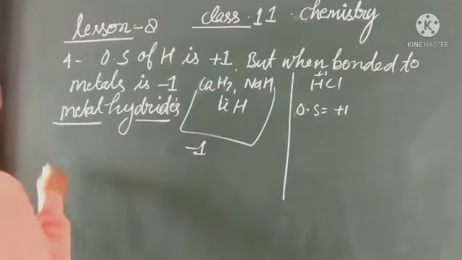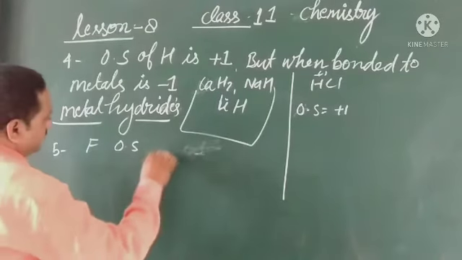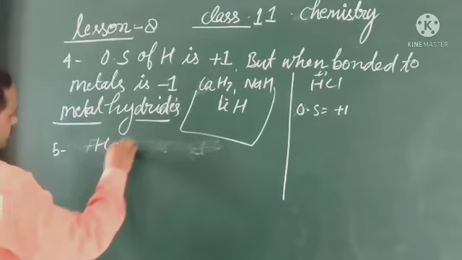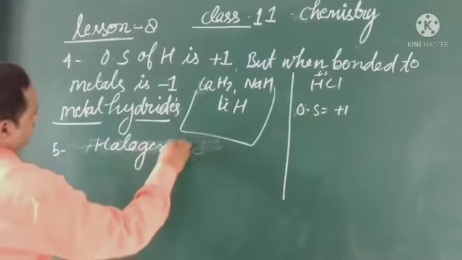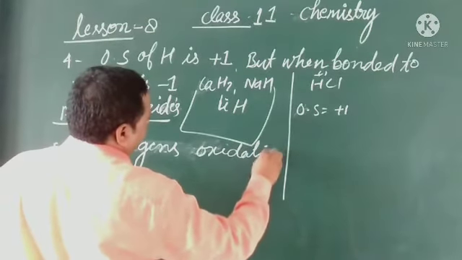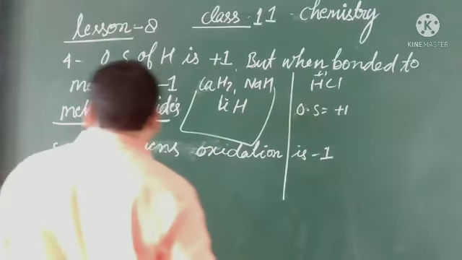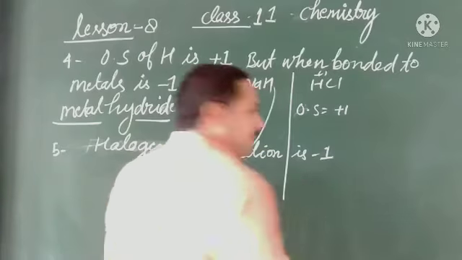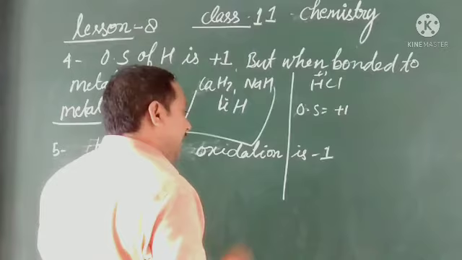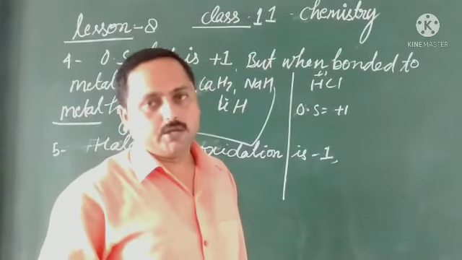Next, the fifth one is the fluorine oxidation state. You know the halogens: fluorine, chlorine, bromine, iodine. Fluorine always shows a -1 oxidation state.